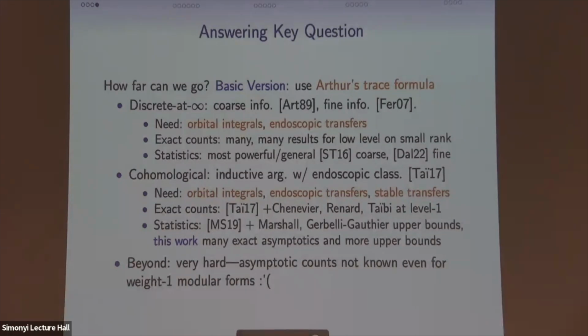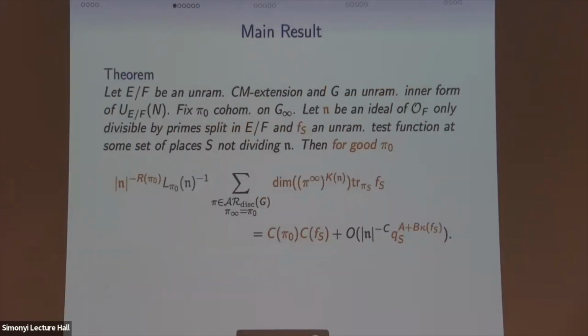Okay. So here's the precise result. First of all, there's a lot of orange here, so it's not going to be explained on this slide. I'll discuss it in detail. So we're going to let E over F be some unramified CM extension, and G an unramified inner form of the quasi-split unitary group of rank n related to E over F. Then we're going to fix some cohomological representation on G infinity, the representation in the second nice class.